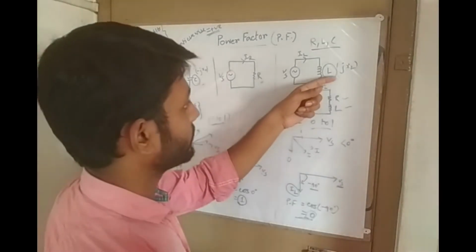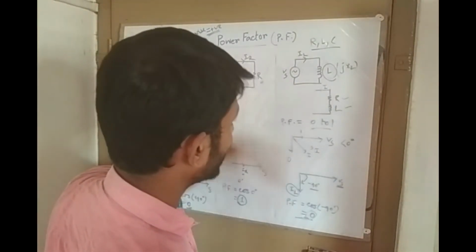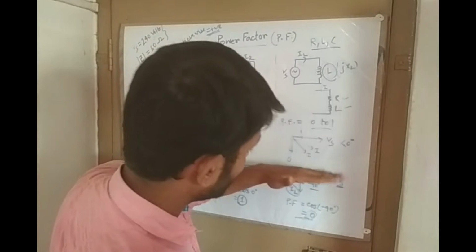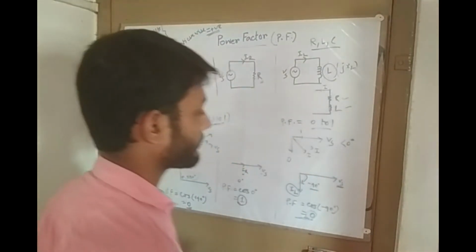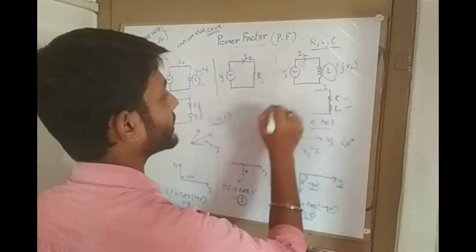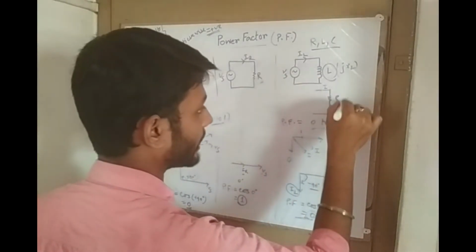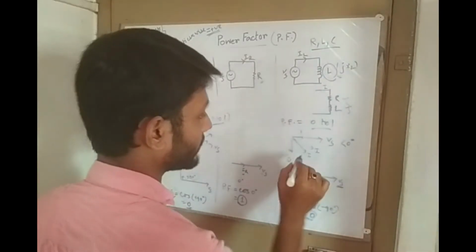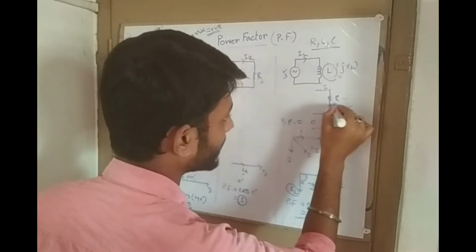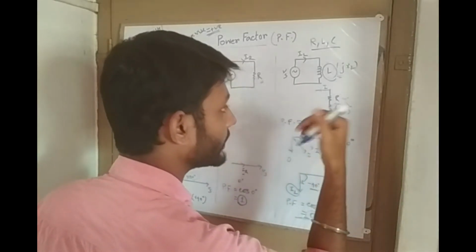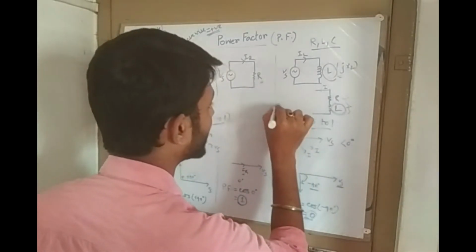And in case of an inductive circuit, if supply voltage is the reference line, then the current IL is lagging this supply voltage by 90 degrees. So for an inductive circuit, whether it is RL or pure RL, the current is lagging. No, it is not in the same phase. As the inductive L part is there in the circuit, it will be lagging in nature.